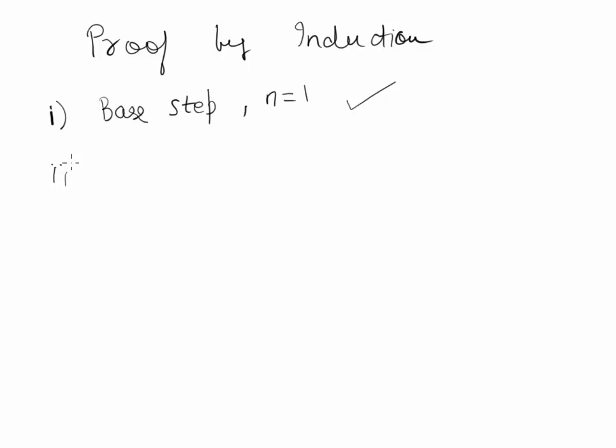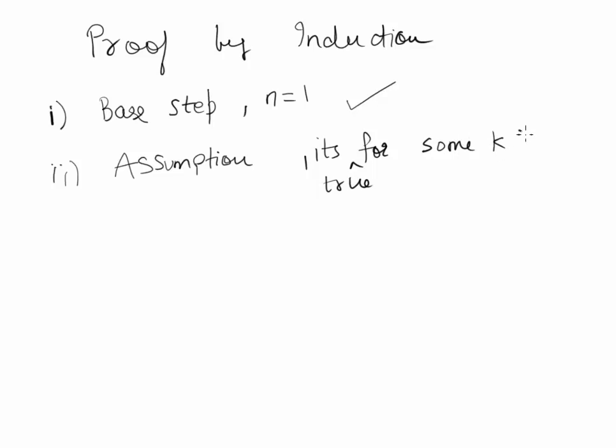The second step is in which we make our assumption. So we make our assumption that it's true for some k greater than 0, which is obviously positive.